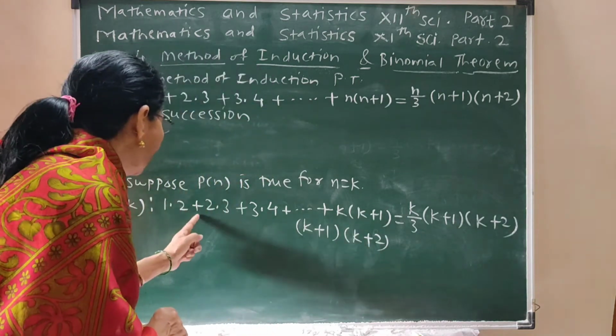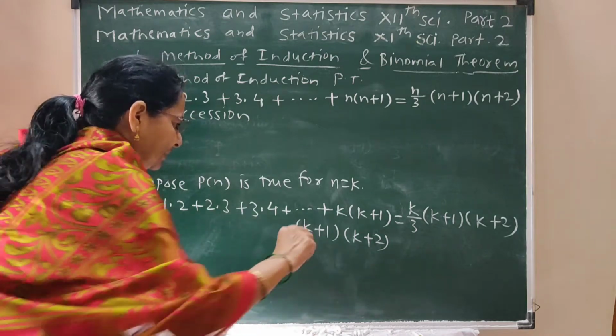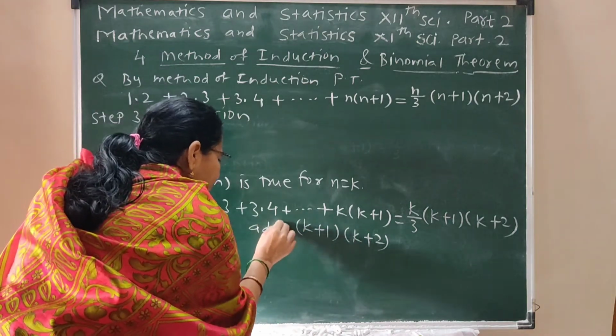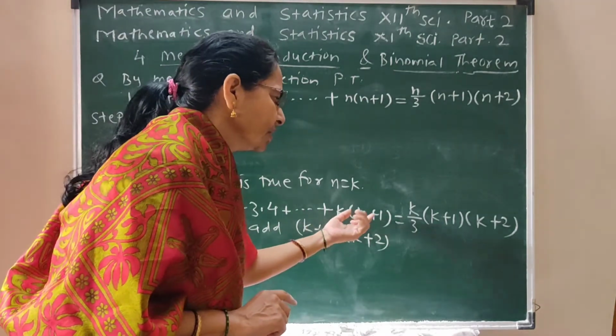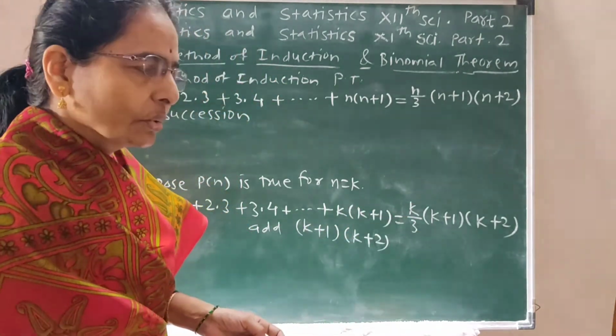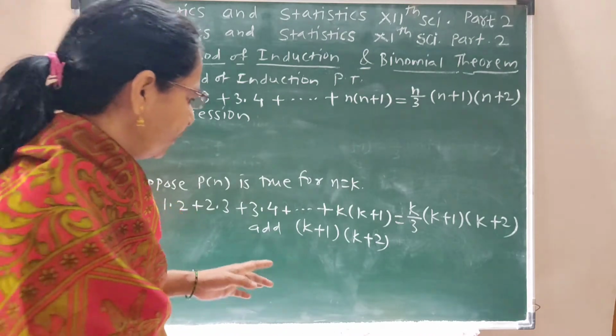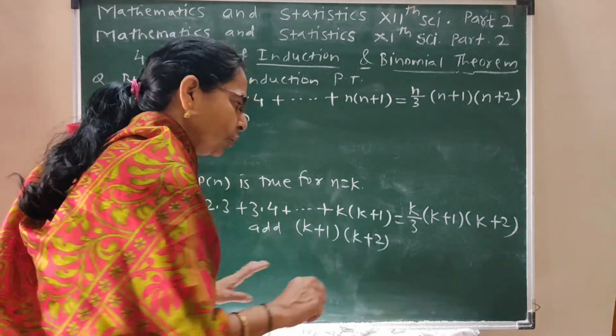Now here is a sum, therefore we have to add this term. We add it at LHS, therefore we also add to RHS. Therefore right here add this term to both sides.